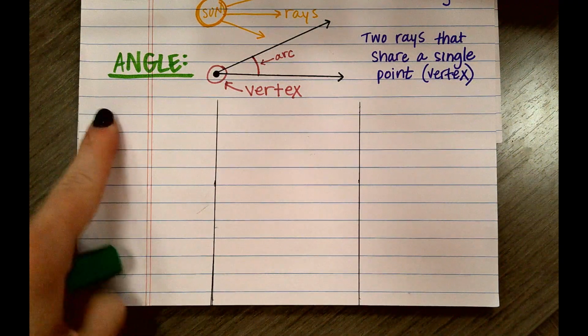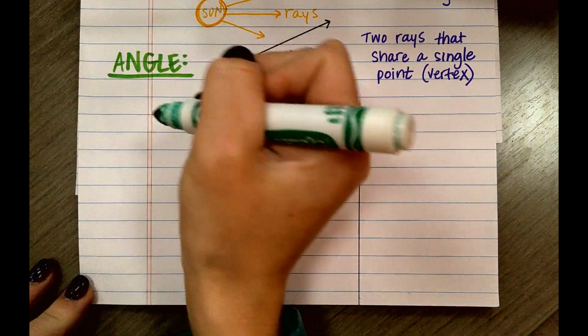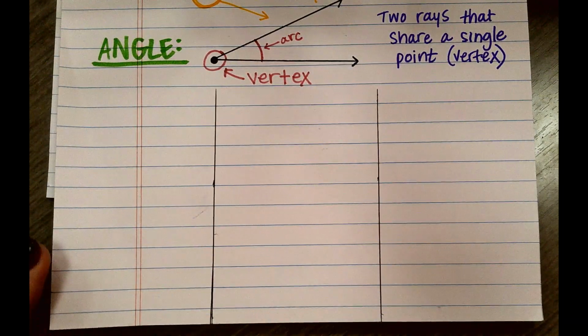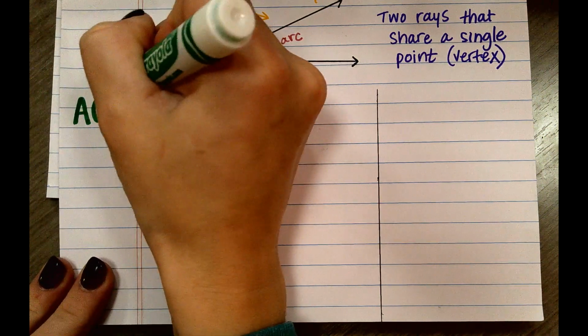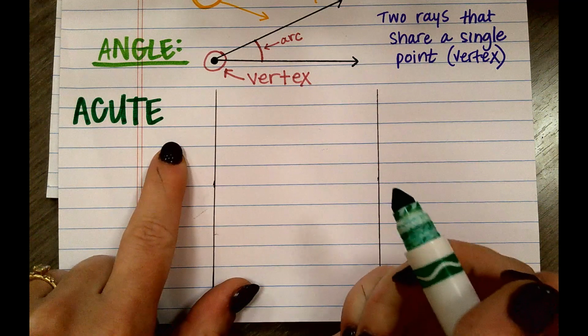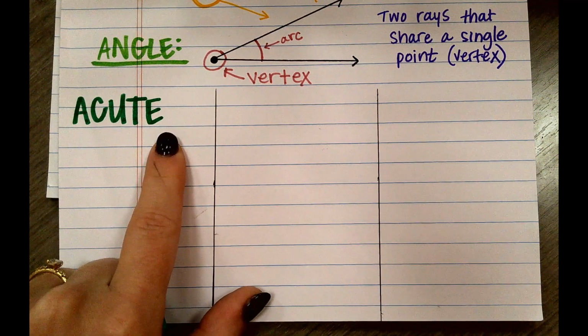The first section we are going to write acute angle, and it's spelled just like it sounds, A-C-U-T-E. And instead of writing the word angle, I'm going to teach you the symbol so you don't have to write it out so much.